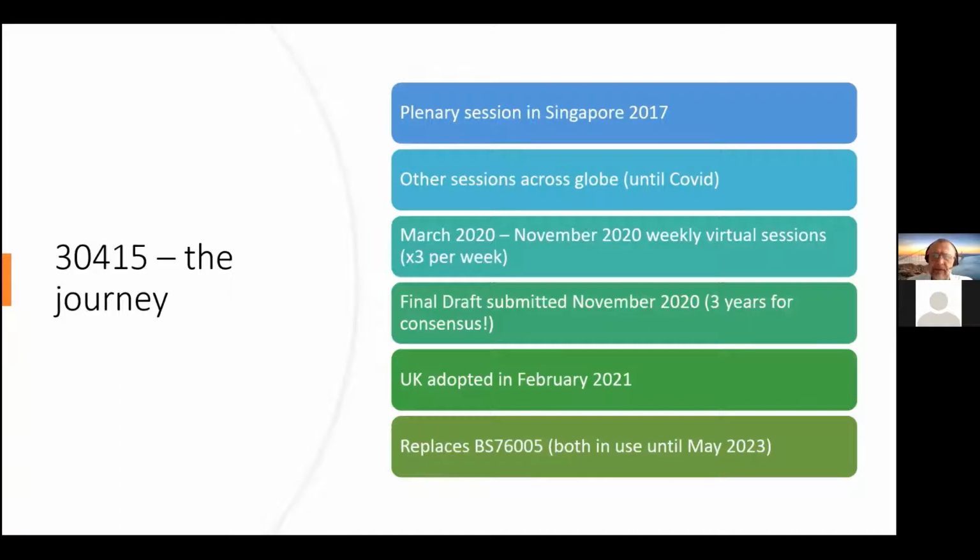But they were operating on 3 sessions a week, with the experts or the committee members all dialing in to contribute. Now, this led in November 2020 to a final draft being submitted. So it took 3 years to develop and gain consensus from people from across the world being involved. And the UK adopted 30415 in February 2021.